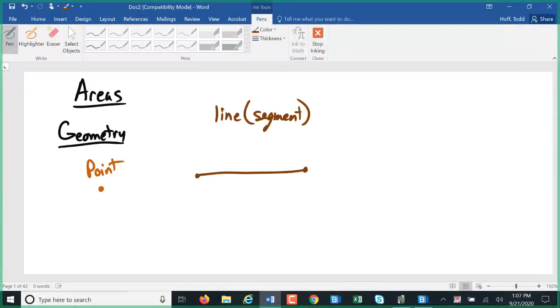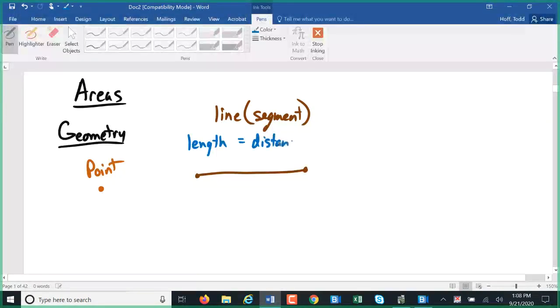But in practice, if we say a line, typically what we are referring to is a line segment. Things that go on forever aren't really useful in construction. The length of that line is equal to the distance that the point moved. So here to here, whatever that distance was, ends up being the length of that line segment.